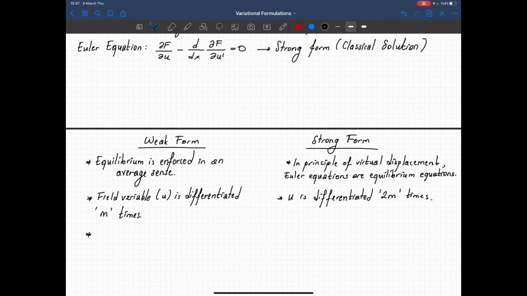And finite element formulations, we will see, are based on weak form. The strong form solution requires you to solve this differential equation, and sometimes you may not get an answer.